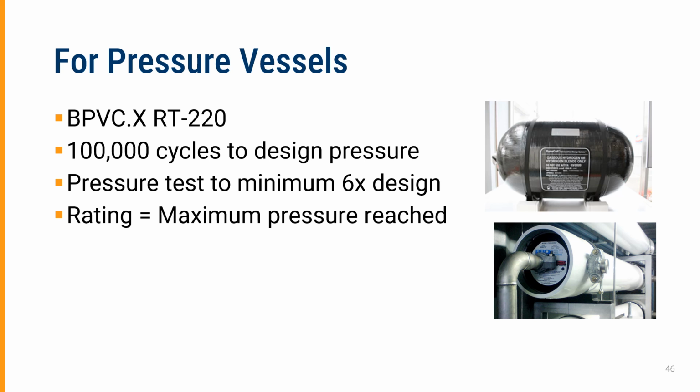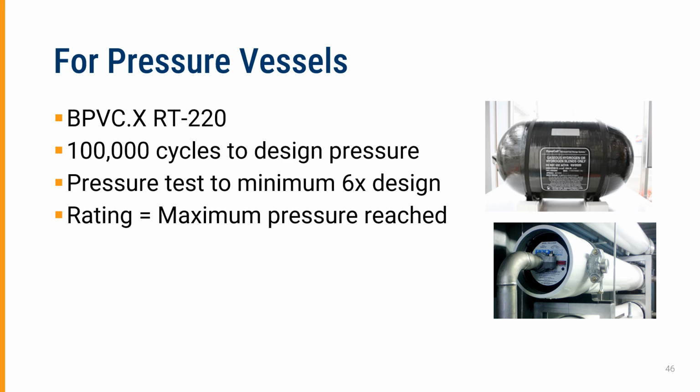And for pressure vessels, we actually govern this or cover this in part RT 220 of Section 10 of the Boiler and Pressure Vessel Code. We run pressure cycles for 100,000 cycles to the design pressure.